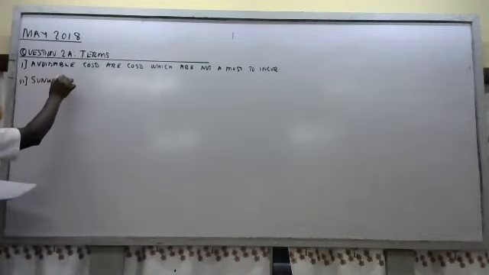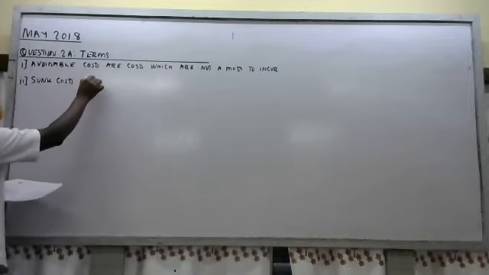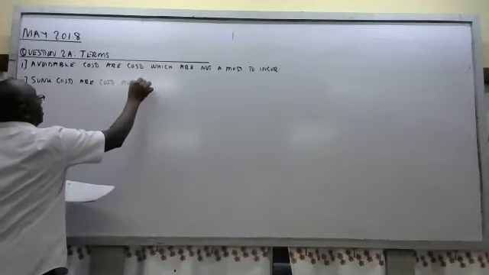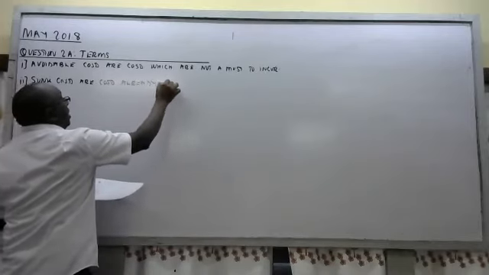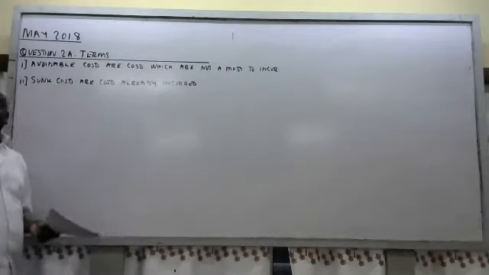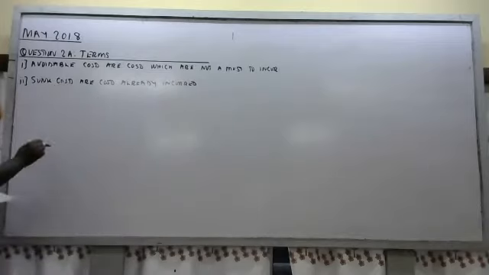Number 2, sunk costs are costs already incurred. Those are costs which are already incurred, you cannot change them.